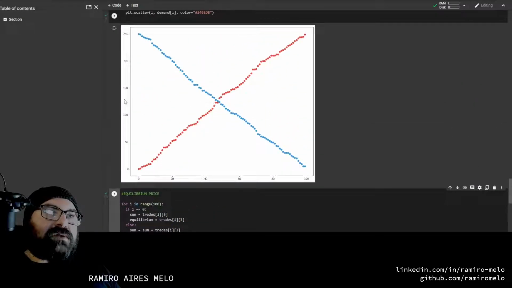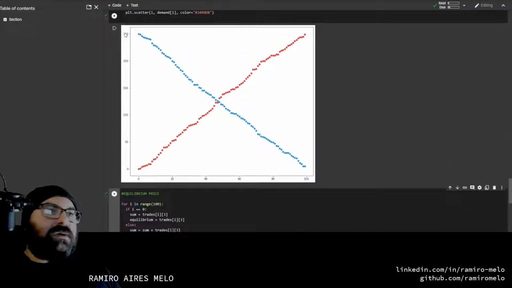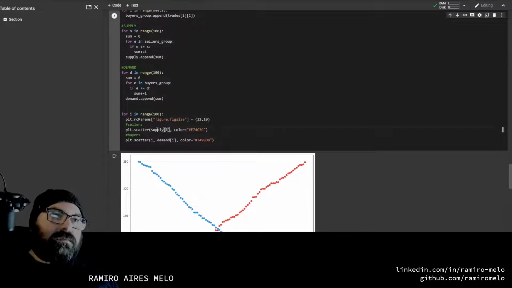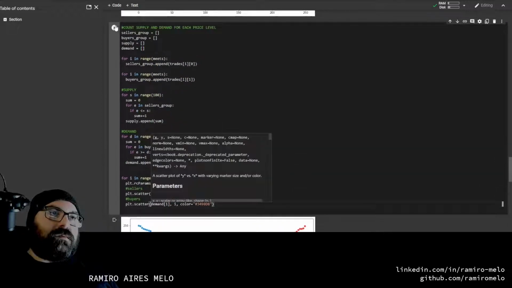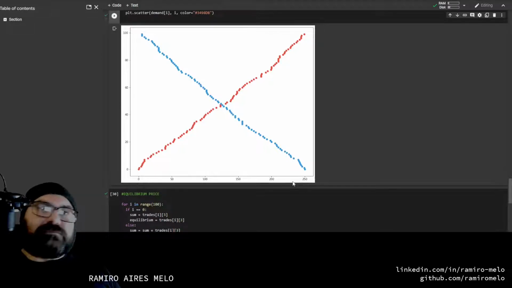Somewhere around here. Oops, I'm sorry, the axes are inverted in this chart. Let me fix this. Now it's okay. The y-axis is the price, and the x-axis is the quantity. Okay, so our equilibrium price is around here, 52.